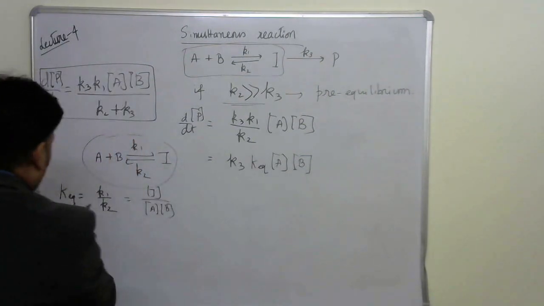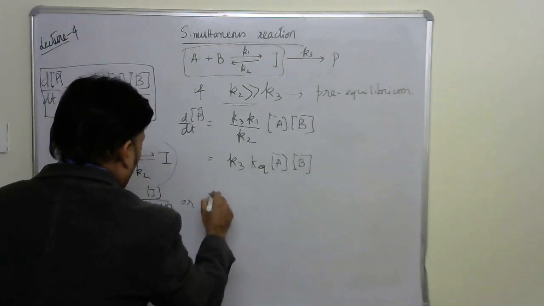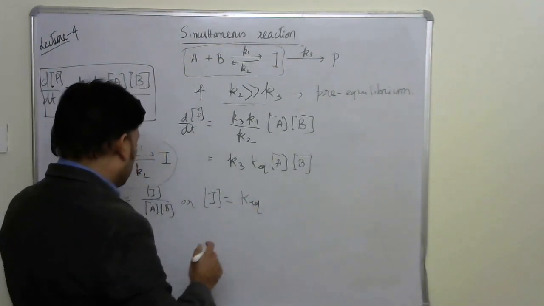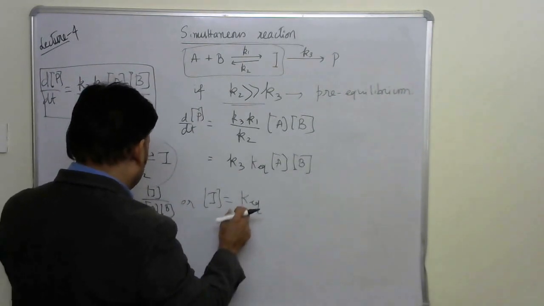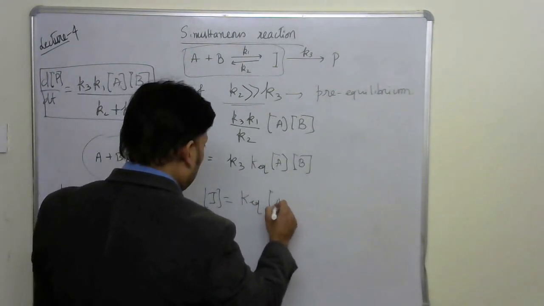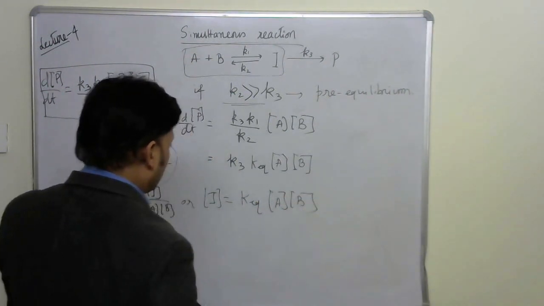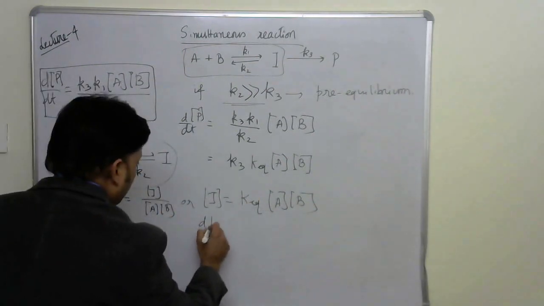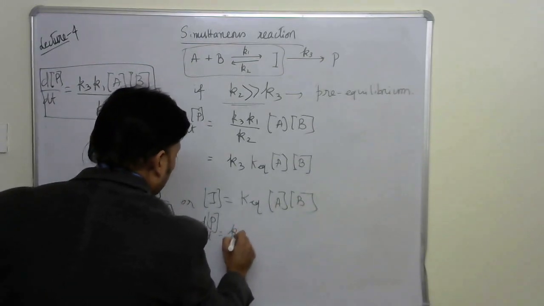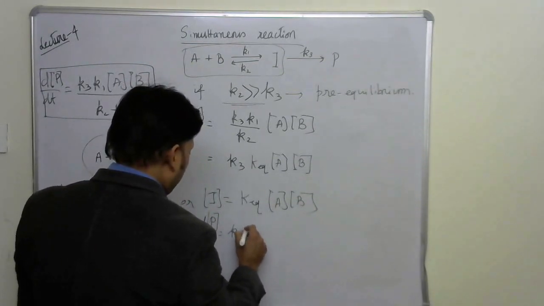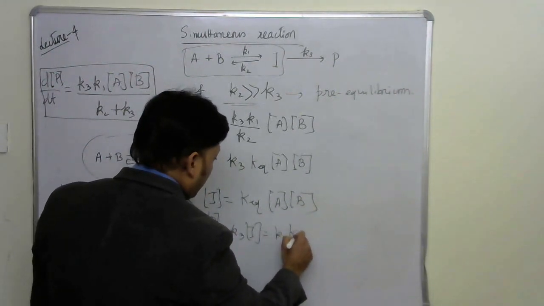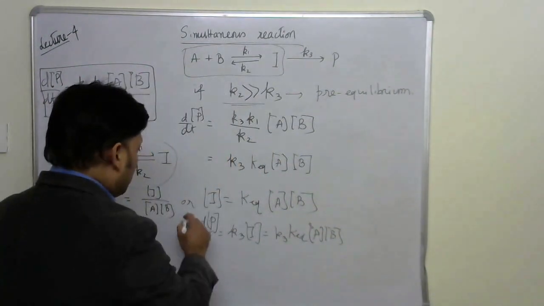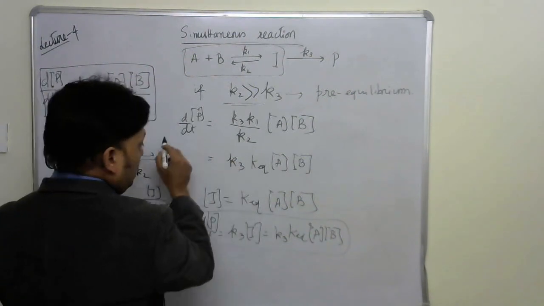So the chemical equilibrium constant is equal to this, or if I want to find the concentration of I, it becomes equal to the chemical equilibrium constant multiplied by A multiplied by B. So if we put that value over here, dP/dt is equal to K3 multiplied by I, so it will give me K3 multiplied by the chemical equilibrium constant multiplied by A multiplied by B. So this is the same thing as this one.